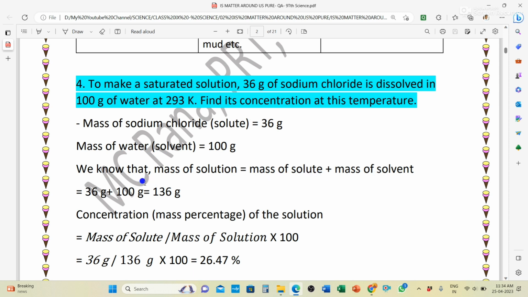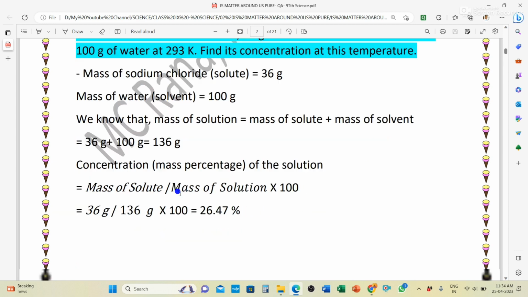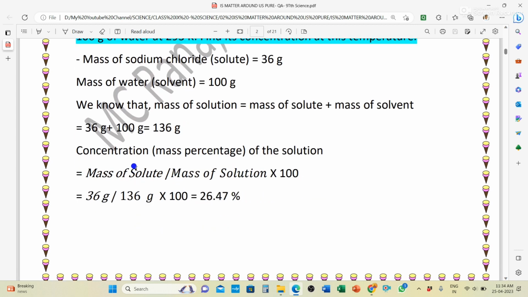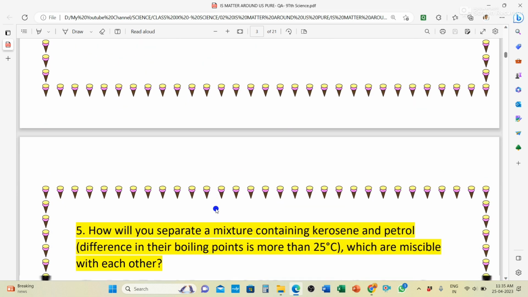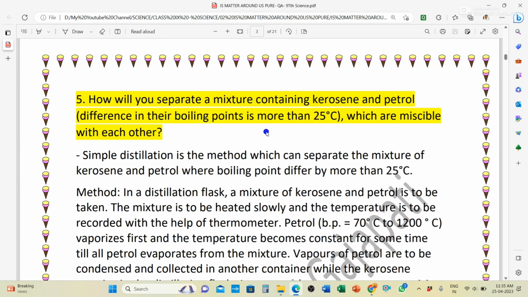So 36 gram plus 100 gram equals 136 gram. Then concentration, the mass percentage of the solution, equals mass of solute by mass of solution multiplied by 100. So 36 gram by 136 gram multiplied by 100. So it will be 26.47 percent.